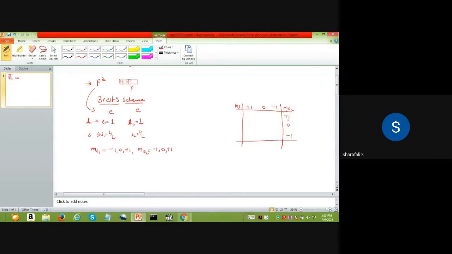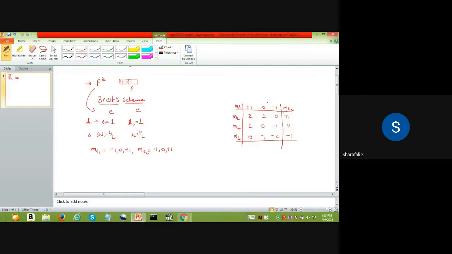Plus 1 and plus 1 is 2; 0 and plus 1 is 1; minus 1 plus 1 is 0. Plus 1 plus 0 is 1, 0 plus 0 is 0, minus 1 plus 0 is minus 1, then plus 1 minus 1 is 0, 0 plus minus 1 is minus 1, and minus 1 plus minus 1 is minus 2. So this is a set of values for the total capital ML.